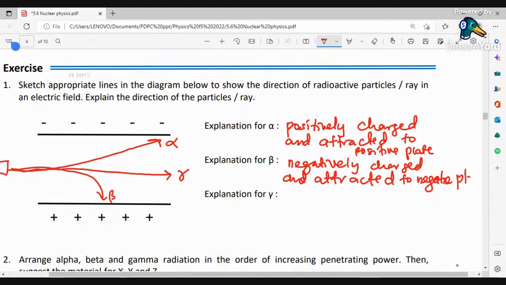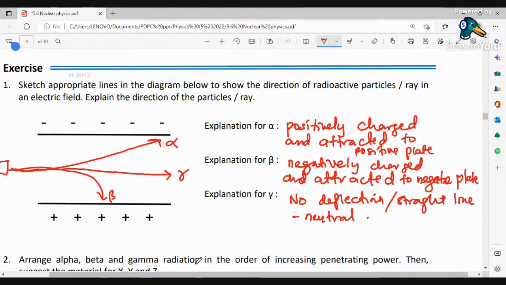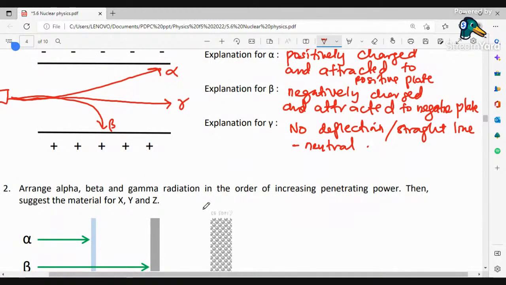Okay, for gamma, no deflection at all, or straight line. Okay, gamma is neutral. So dari sini kita tahulah kan, dia punya deflection tu.